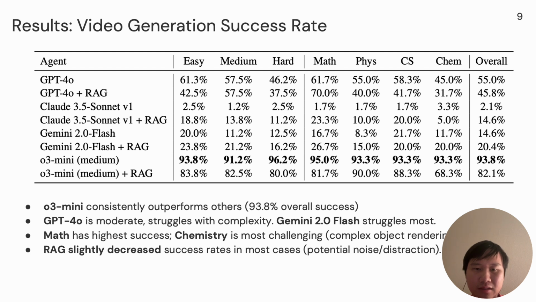However, an obvious pattern is that chemistry was the hardest domain, likely due to complex 3D structures and rendering challenges that are not properly supported in Manim. We also spotted that RAG slightly decreased the success rates in most cases because it could introduce potential noise or distractions.